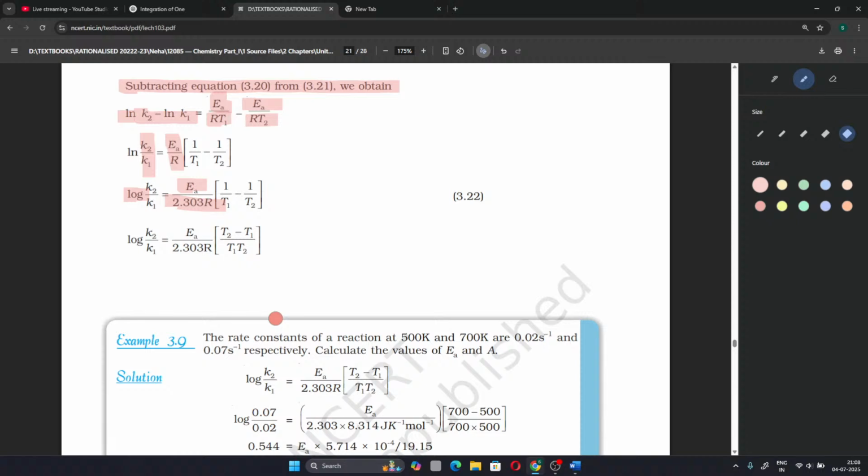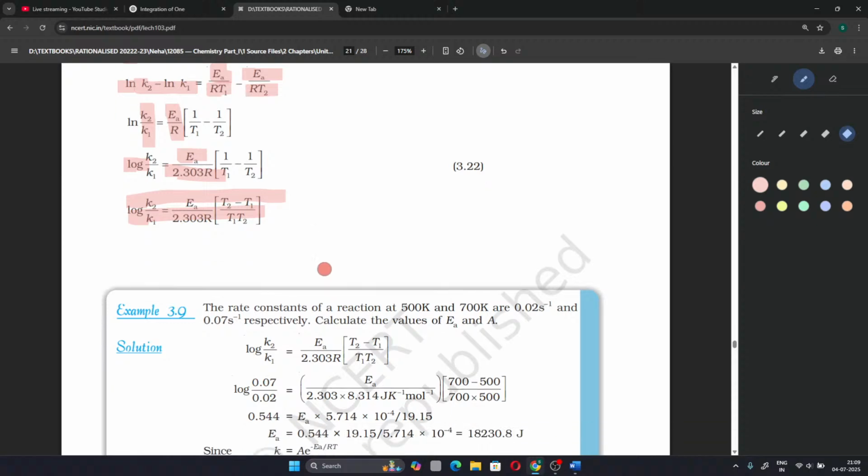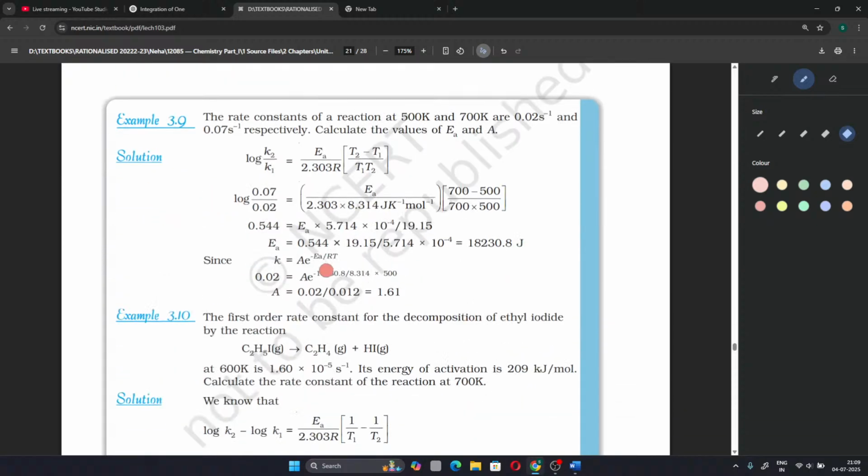If they ask what the change in rate constant will be if there is a change in temperature, or they give two rate constants at two different temperatures and ask for the temperature or the activation energy, we can find it using this formula. The rate constants at 500 Kelvin and 700 Kelvin are 0.02 per second and 0.07 per second.